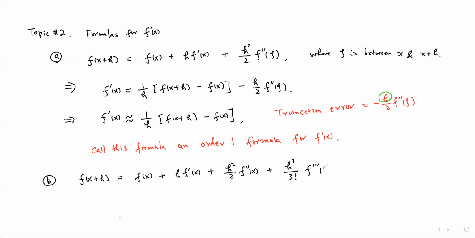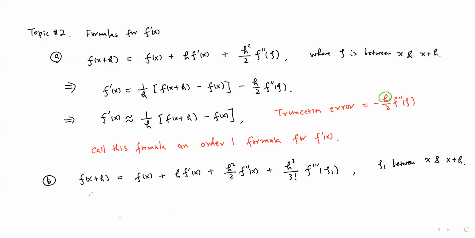The error is evaluated at some point, say psi 1, because this is the first equation and I have a second equation. Psi 1 is between x and x plus h.